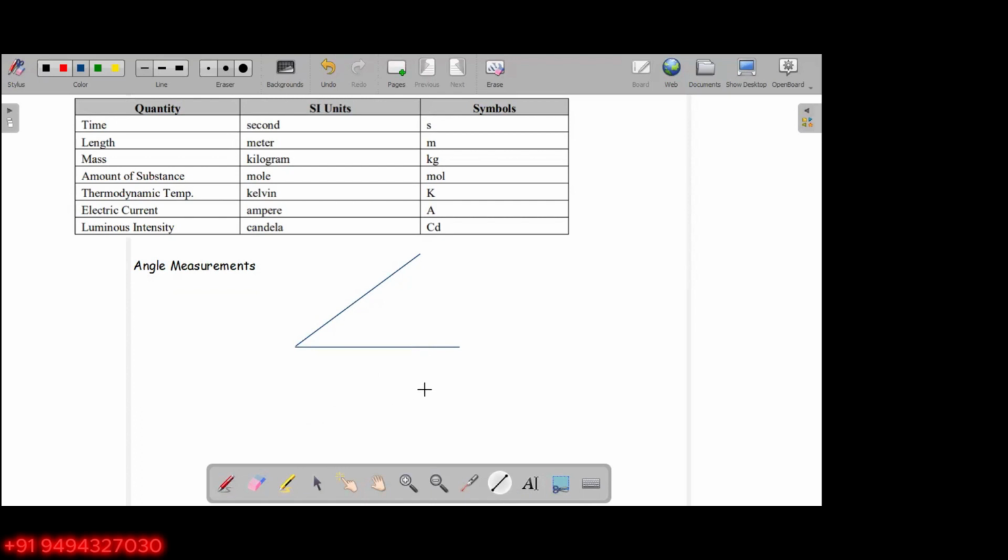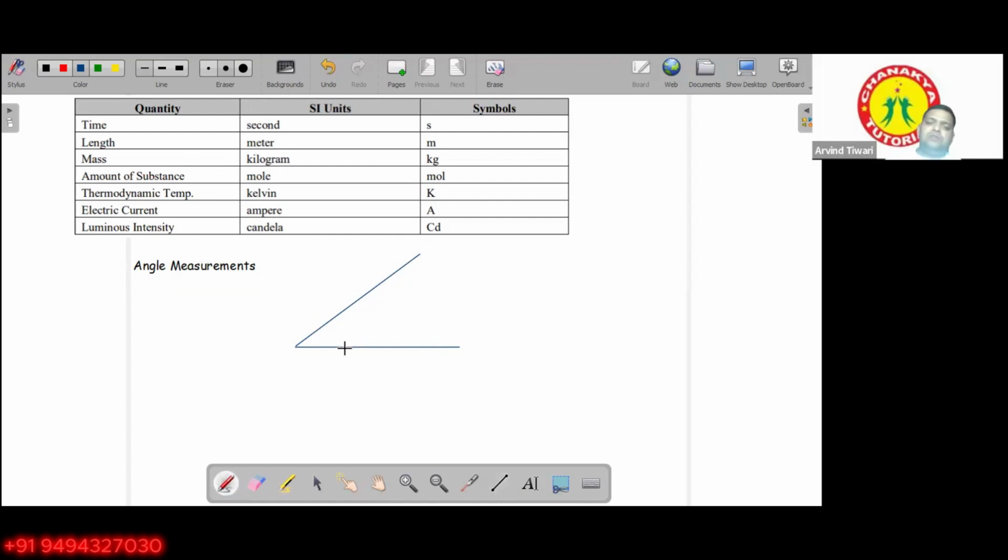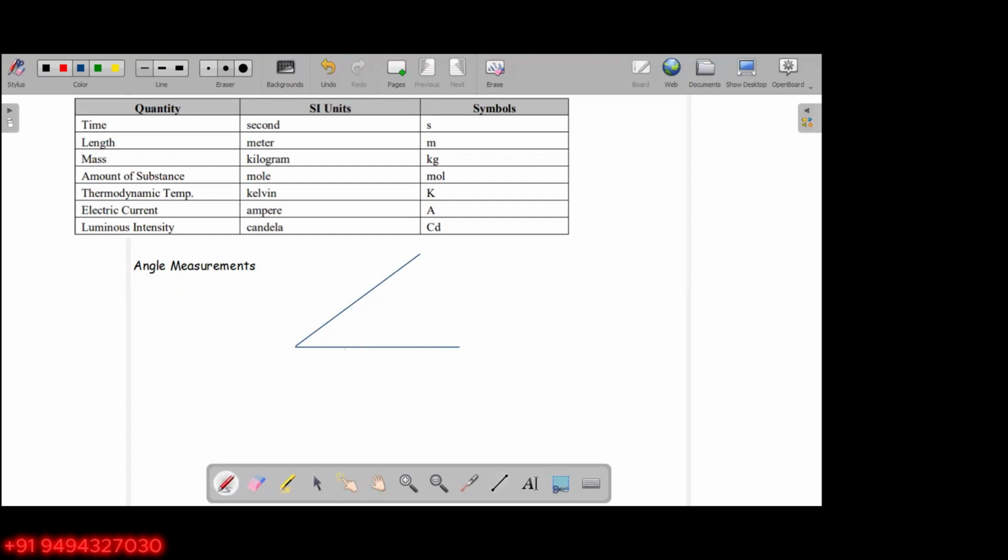What are the units for measuring this angle? In degrees. We measure the angle in degrees. So this is the sextant method which we use.